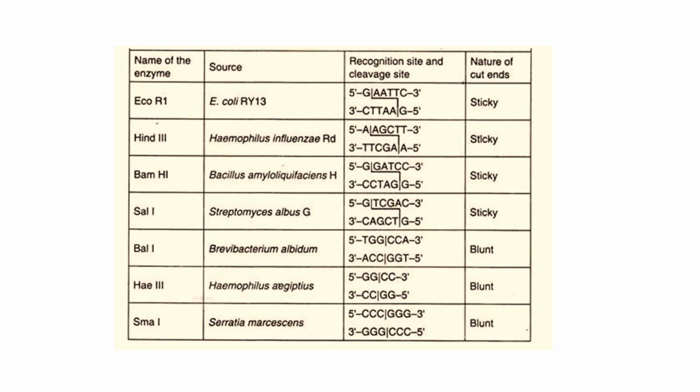It is in 5 prime to 3 prime direction, but the cut site is after C in 5 prime to 3 prime direction. You all have to remember this one. Okay, this table is the most important and informative table regarding the enzymes, their sources, their recognition and cleavage site, and nature of cut ends.